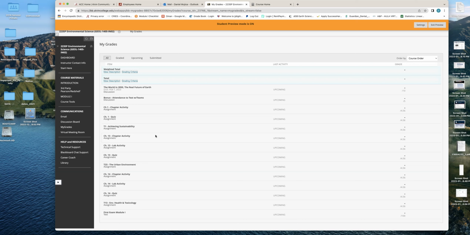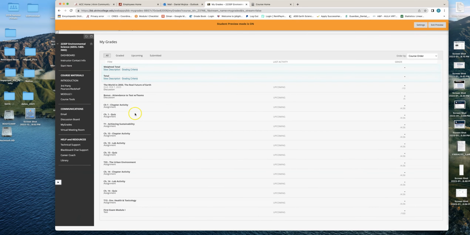So for module 1, all the activities of Mastering and Environmental Science should add 50 points. Okay, so in module number 1, we have all those assignments from chapter 1, chapter 13, and chapter 14. In total, between homeworks and quizzes, we have 11 assignments for module number 1. Those 11 assignments should add 50 points in your grade book in Blackboard.